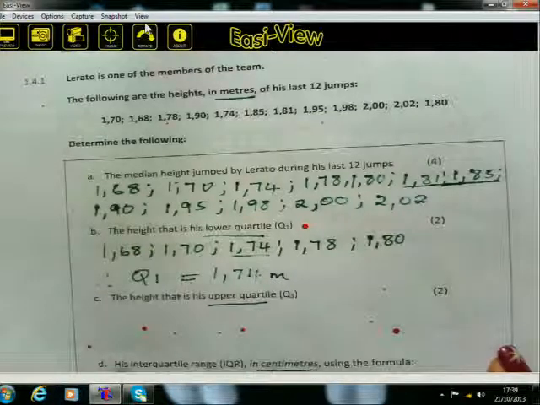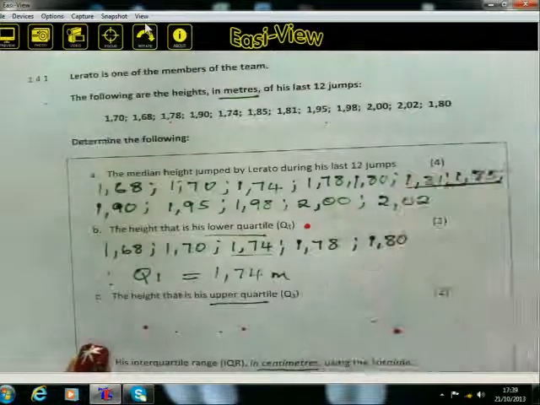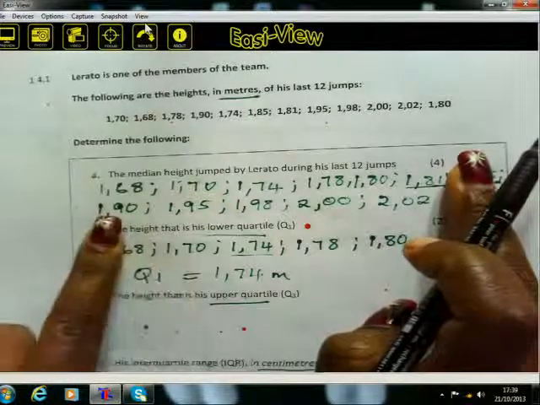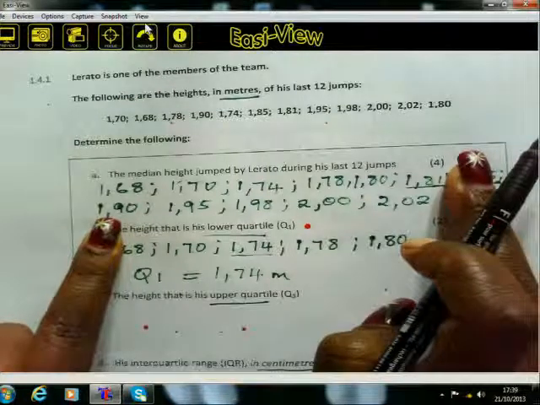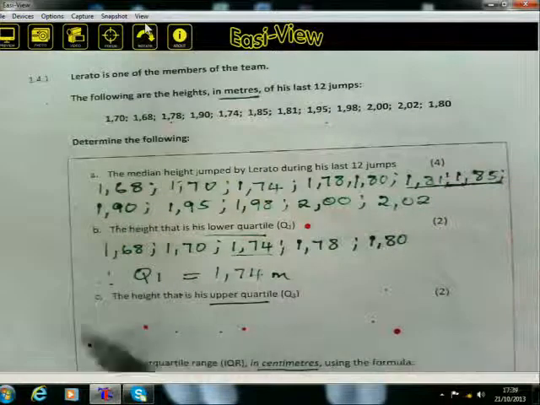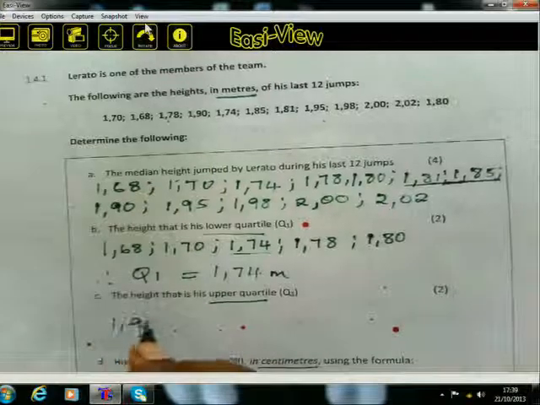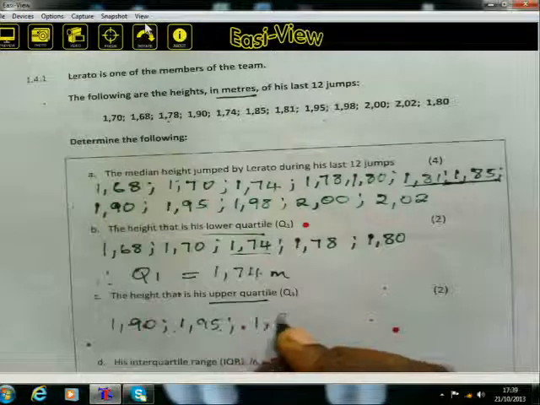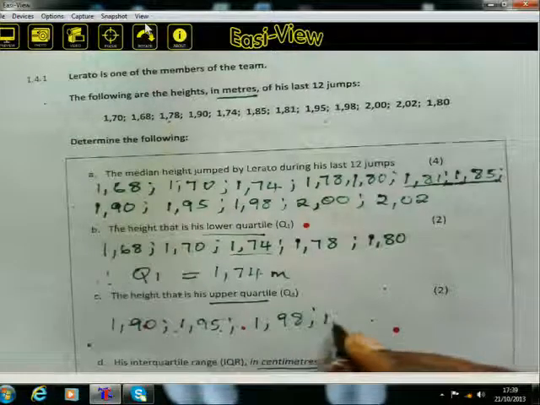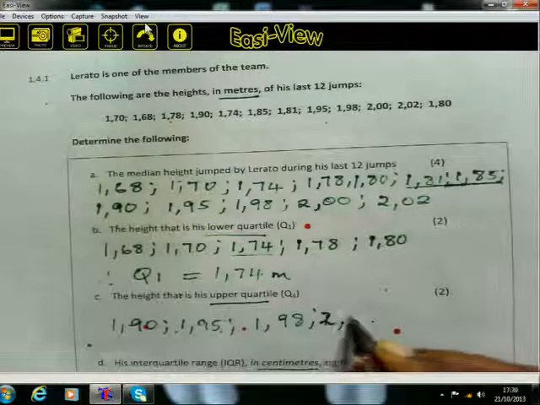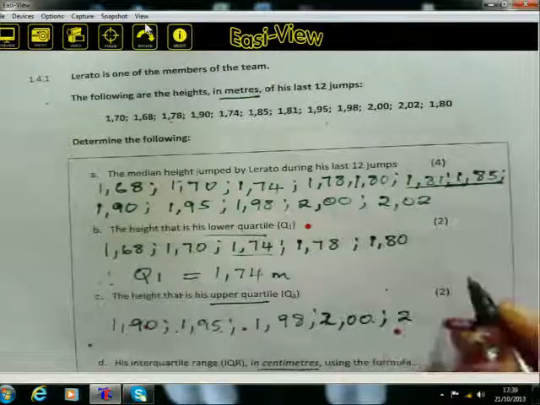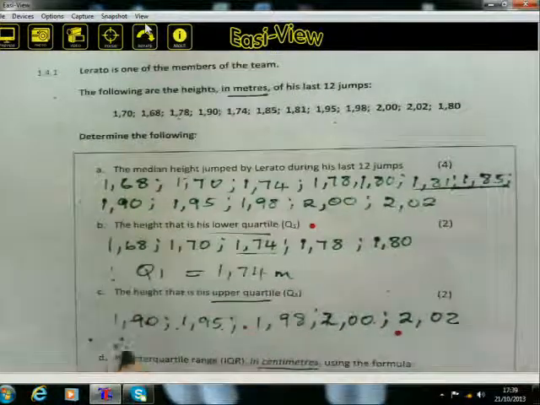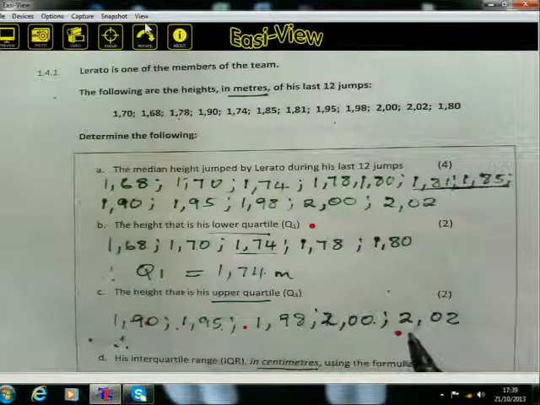So you check the middle two. The numbers after the middle two start here: 1,90, 1,95, 1,98, 2,00 and 2,02. To get your upper quartile, you have to get the middle term.